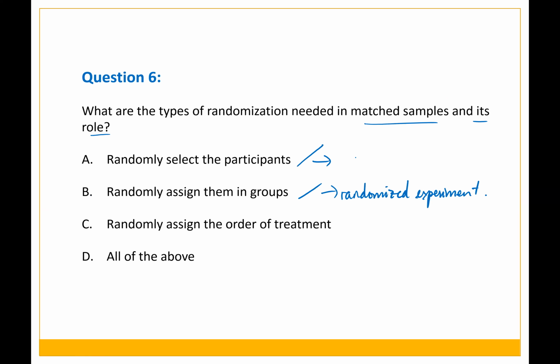Randomly selecting the participants is where you select the sampling technique. And then, because it's matched pairs, you also have the extra step of randomly assigning the order of treatment. I think I forgot something about the role, but the answer is all of the above are correct.